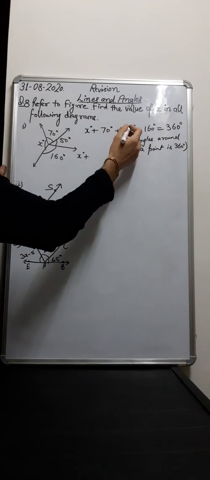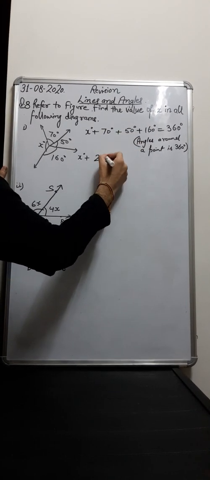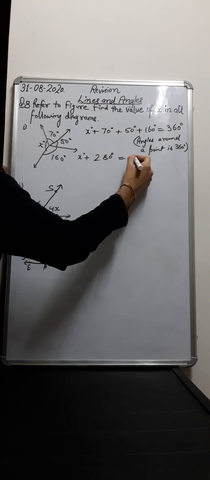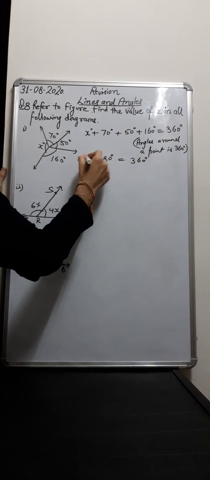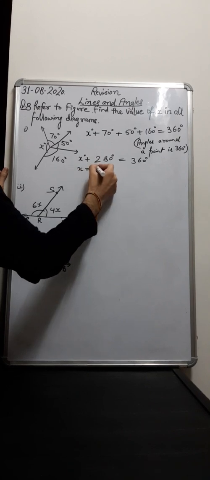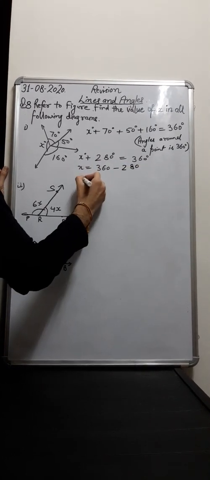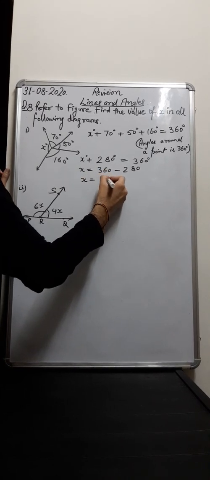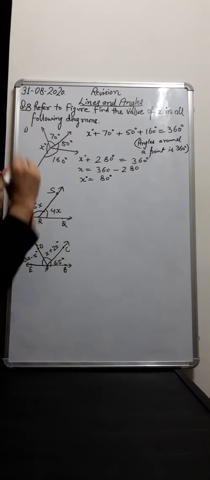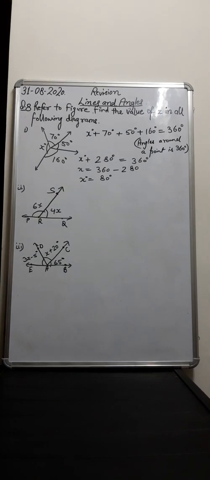So we are going to add these numbers on the left hand side. 70 plus 50 plus 160, this gives you 280 degrees equal to 360 degrees. So x will be equal to 360 minus 280 degrees, and this gives you 80 degrees. So the x value is 80 degrees.